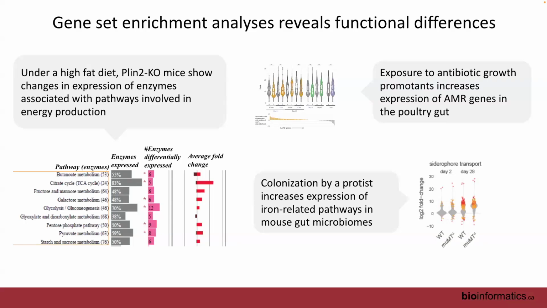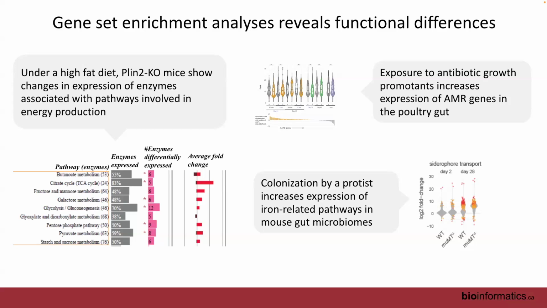Just to give you some examples of how we've applied this, back to this Plin2 knockout mouse, we used gene sets that consist of KEGG pathways to identify specific pathways that were enriched in genes that were differentially expressed. That pointed us to certain energy pathways, which, as I mentioned this morning, may suggest a response of the microbiome to an elevated high-fat diet. We've looked at poultry gut microbiomes.